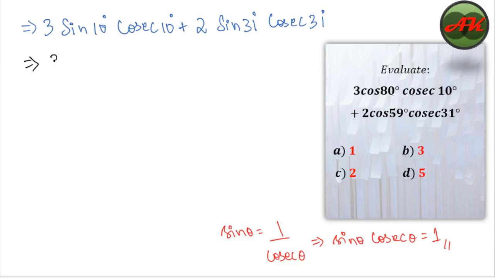So here we get 3 into, this is in the form of sine theta and cosecant theta, so substituting 1, plus 2 into, here sine into cosecant, so 1. We get finally 5 as the answer. So option D.